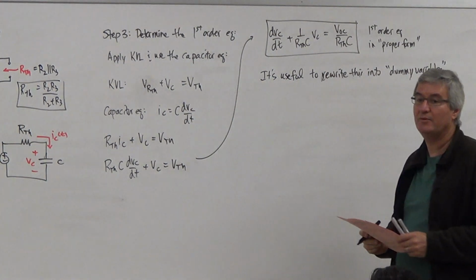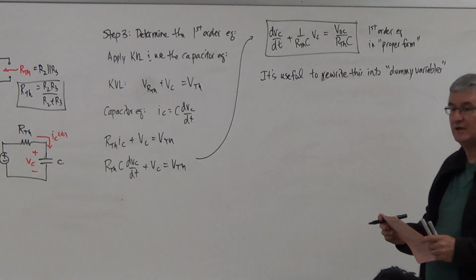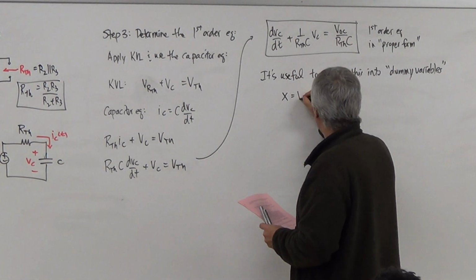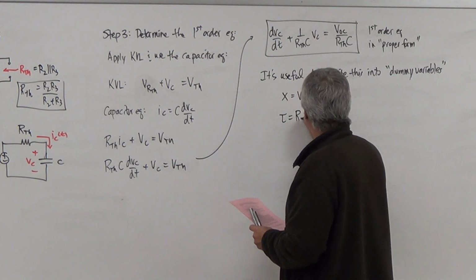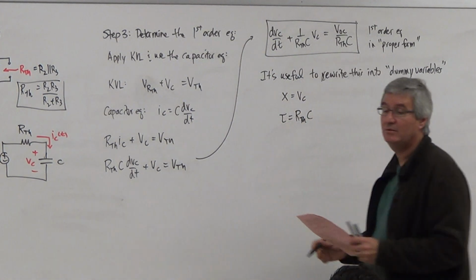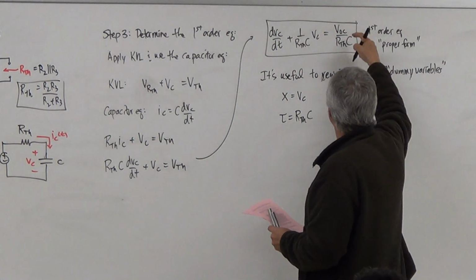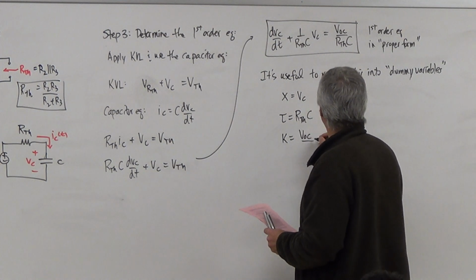The dummy variable that's typically used is x. So I'm going to use the symbol x to be VC. As you might have already realized, our time constant tau will take on that form. And then this guy right here, I'm going to define as k.